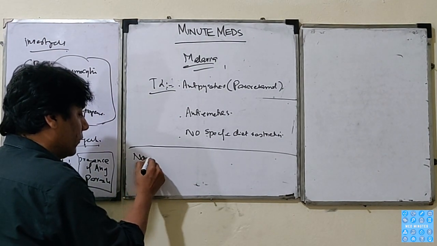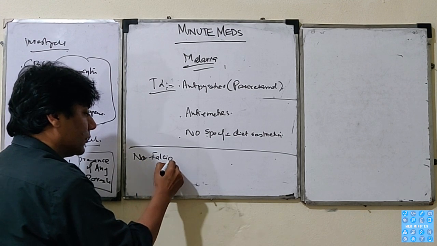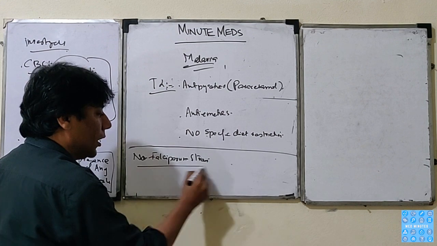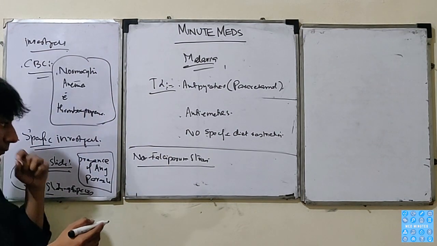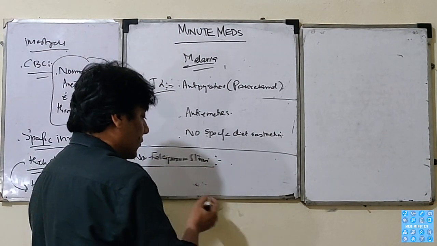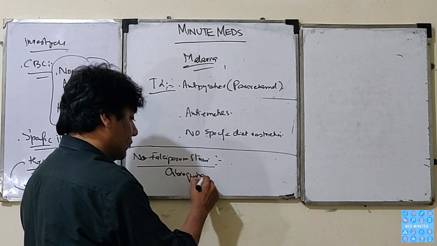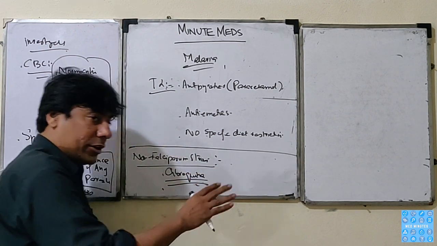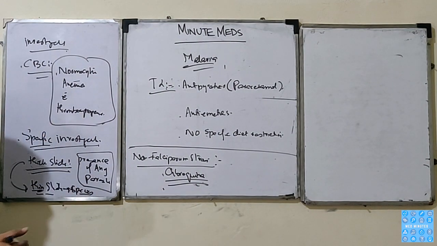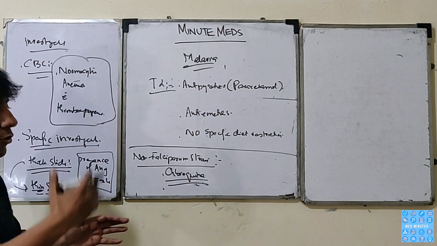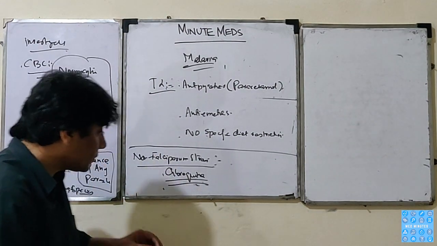For non-falciparum strains, means ovale, vivax and malariae, the drug of choice is chloroquine. I'm not going into a dose. We give about 1000 milligrams in a standard dose, then with different regimes.